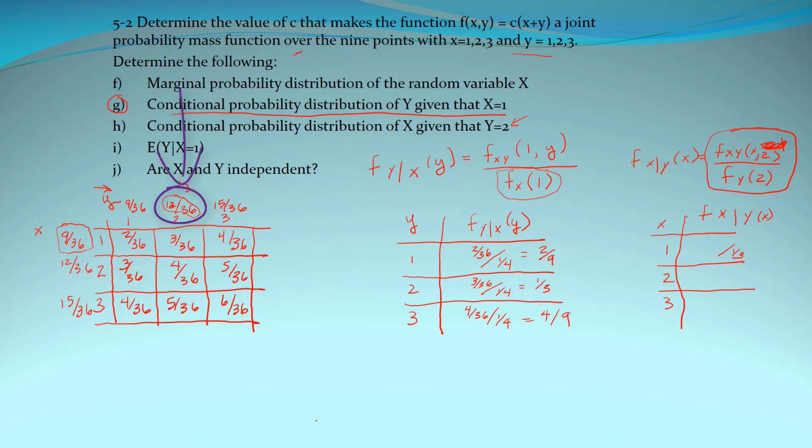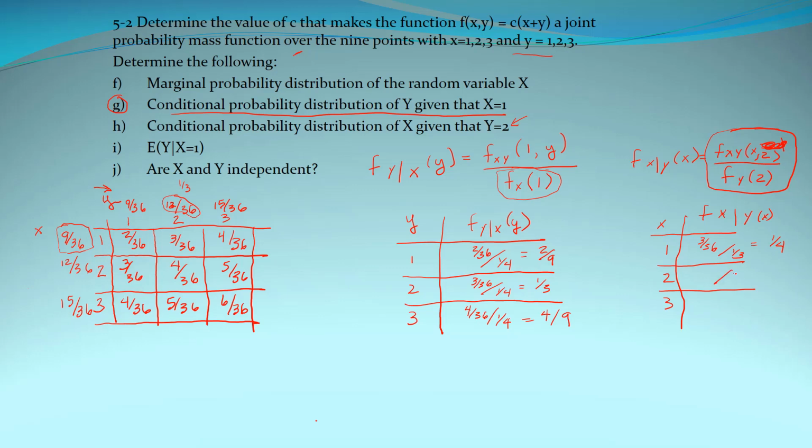That's this 12/36. And then on the top, it's just going to be, well, let's see, x is 1, y is 2. So that means 3/36, right? 1 plus 2 is 3 times the c value, which is 1/36. All of this becomes 1/4.